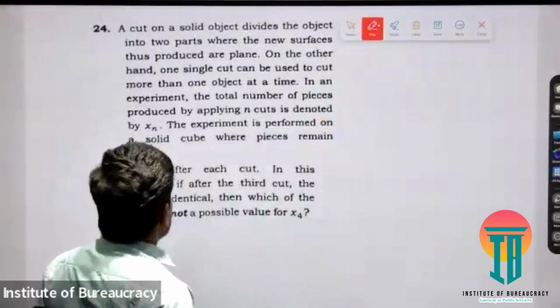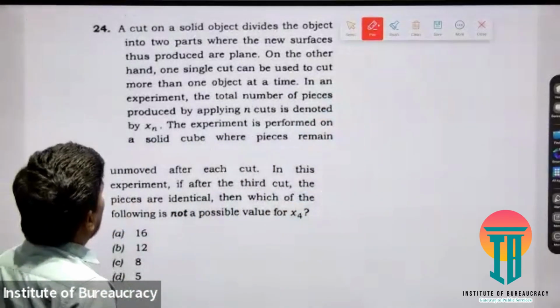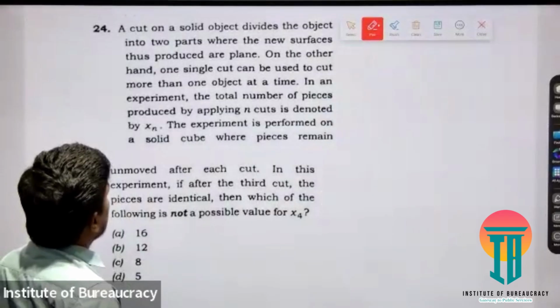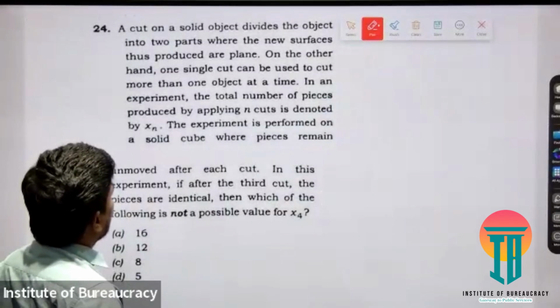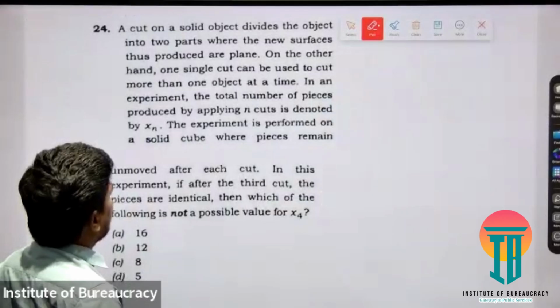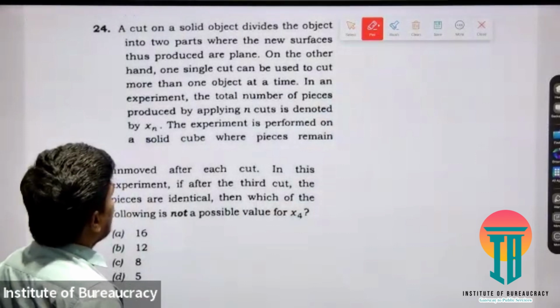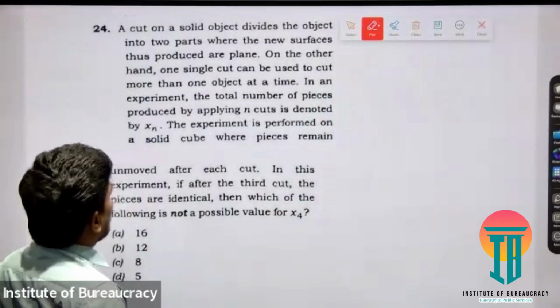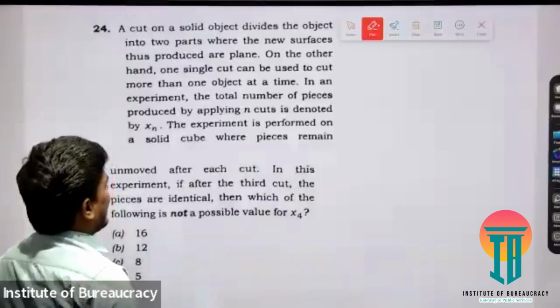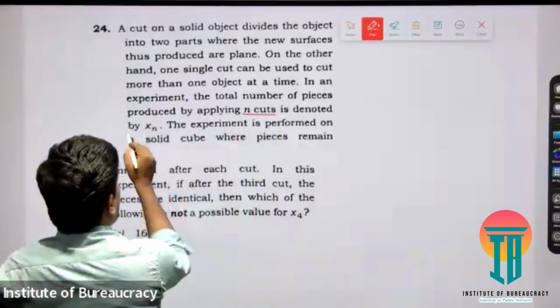Okay. Let's answer this question. A cut on a solid object divides the object into 2 parts where the new surfaces thus produced are plane. On the other hand, one single cut can be used to cut more than one object at a time. In an experiment, the total number of pieces produced by applying n cuts is denoted by xn.